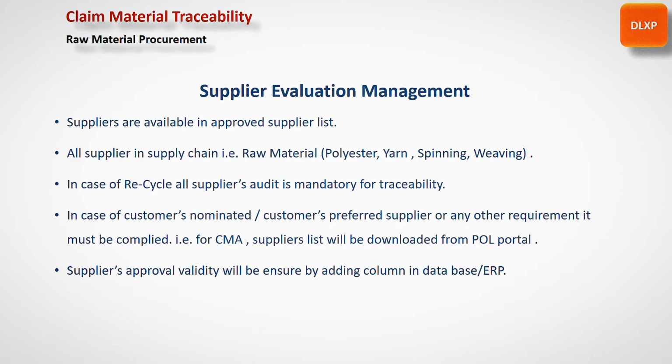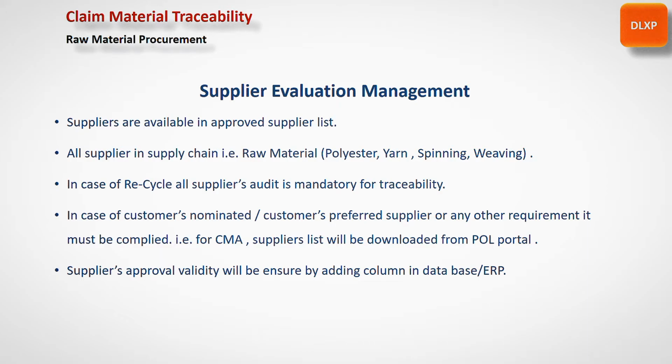In case of customer nominated suppliers, preferred suppliers or any other requirement, it must be complied with, that is for CMA. The supplier list can be downloaded from the POL portal, and other customers definitely have other portals. You can download the nominated suppliers from their portal and they should be part of your supplier list. Supplier approved ID will be ensured by adding a column in the database or ERP.